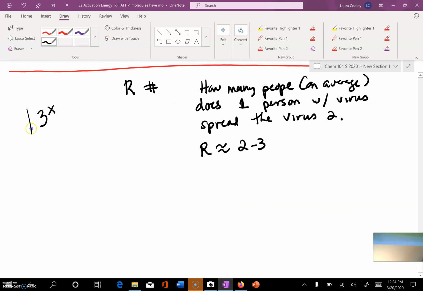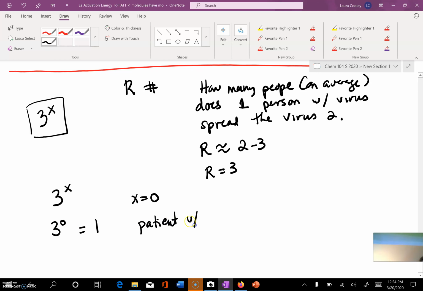Well, this function here that I talked about earlier would actually describe how the cases change. So let me explain this. So if, let's say, the R number is equal to 3, okay? And let's look at the function 3 to the x. If x is equal to 0, so this would be like patient 0. 3 to the 0, that's one patient with coronavirus. Okay.